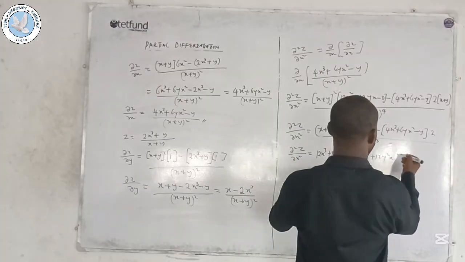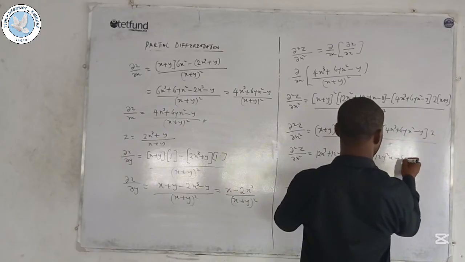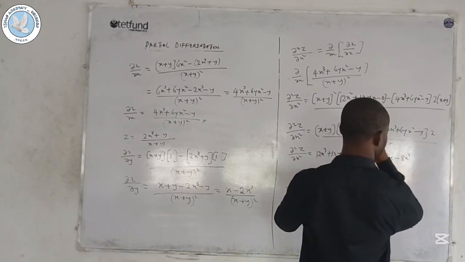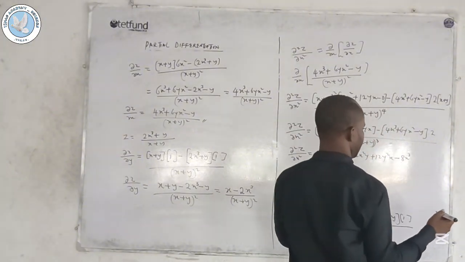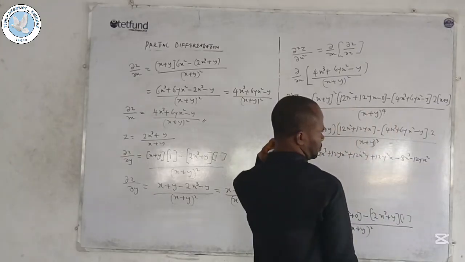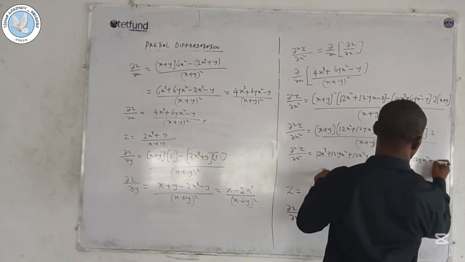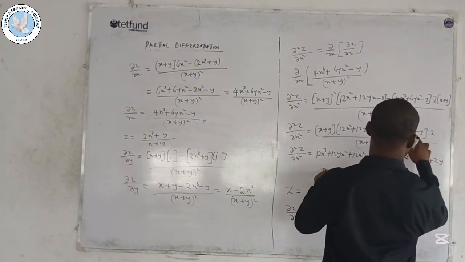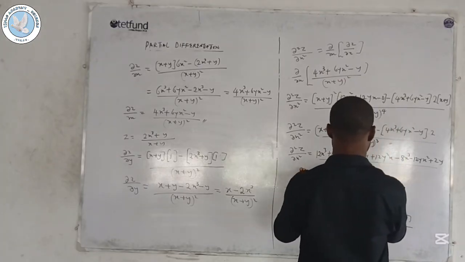So we open this bracket and we have 2 times this is minus 8 cubed, and 8 multiplied by x to the power of 3. We also have minus 12 this, that is 2 times 6 plus 2x, minus minus making it plus. So we have all divided by this.